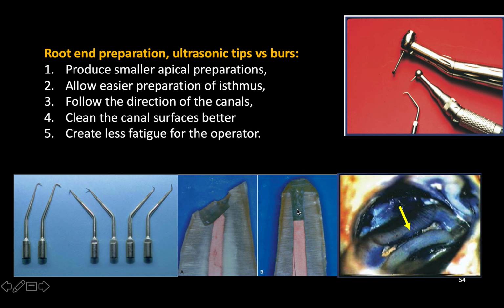Only in the canal area we prepare the canal, and we don't deviate from the long axis of the canal. We are able to clean the canal surfaces in a better way, and the ultrasonic tips produce less fatigue when compared to using the heavy burrs and handpieces. So the ultrasonic tips are lighter and produce less fatigue.